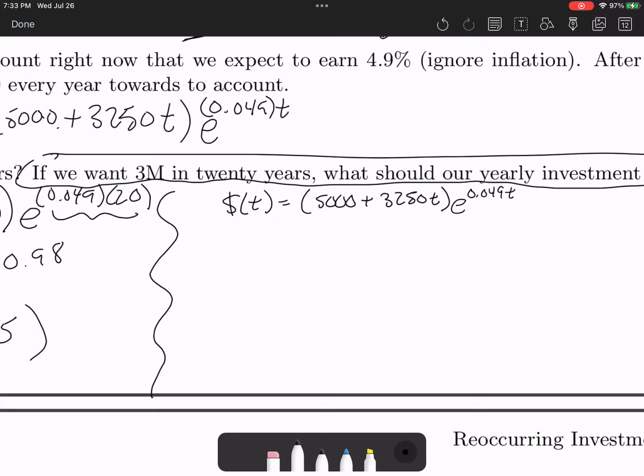All right, and now we know that we want 3 million over here. We know we still start out with 5,000, but this time our recurring investment is unknown, right? We still want time to be 20 years.